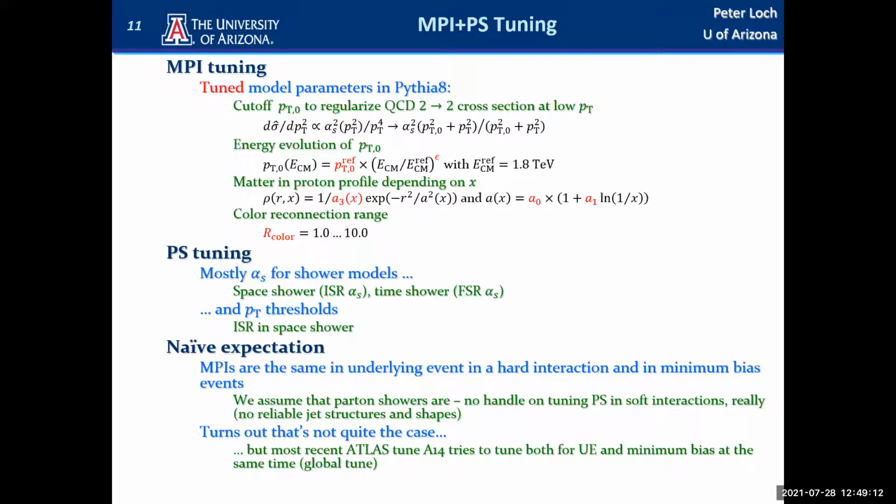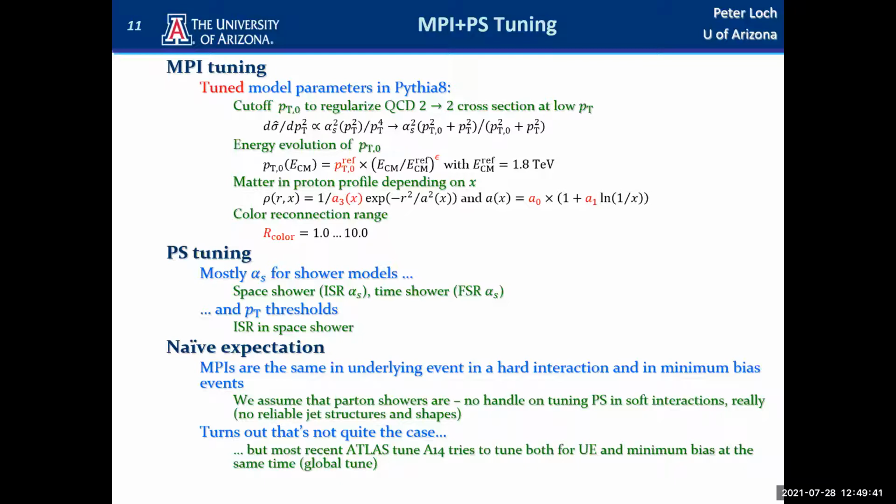We have a naive expectation, which is that the multi-parton interactions are the same in the underlying event of a hard interaction and the minimum bias event. We assume that the parton showers are universal with respect to that, because we don't really have a good handle on tuning parton showers in soft interactions and minimum bias events.